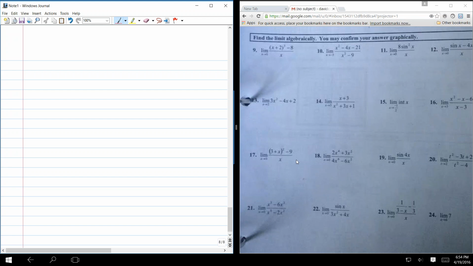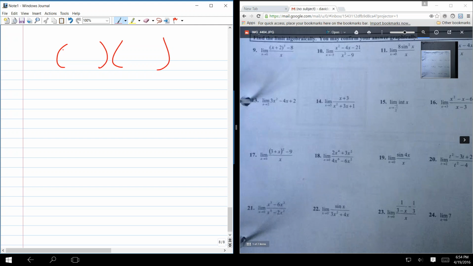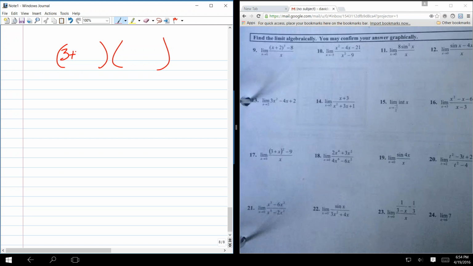So if I look at the numerator as the difference of perfect squares, how does it factor? Well, a is 3 plus x. Minus 3. There's the a minus b. You see that? What's a plus b?